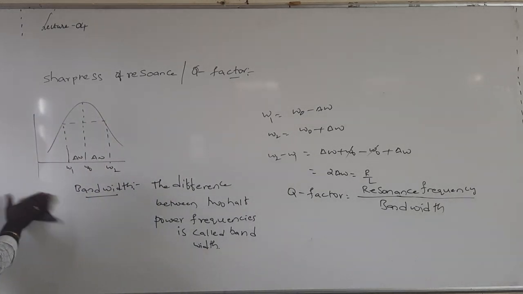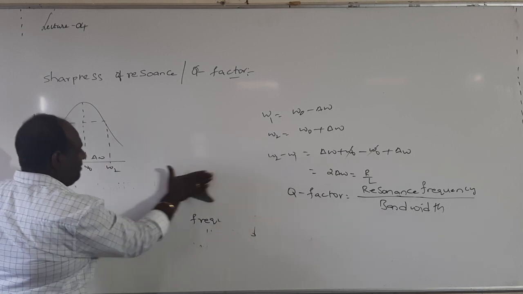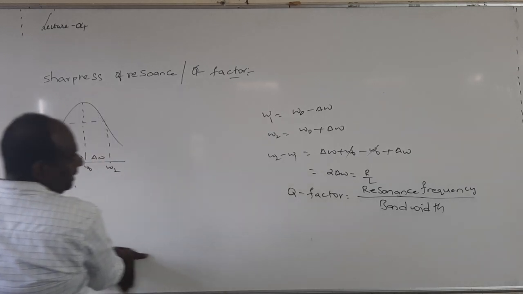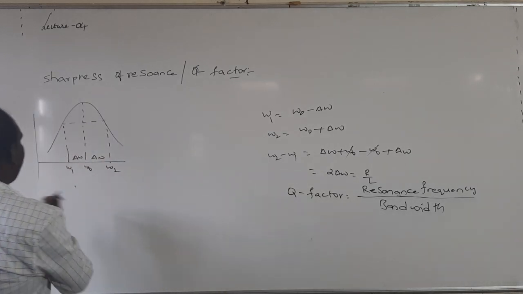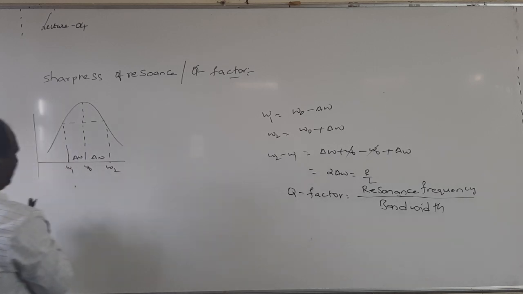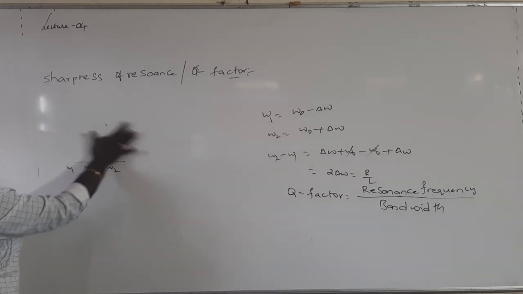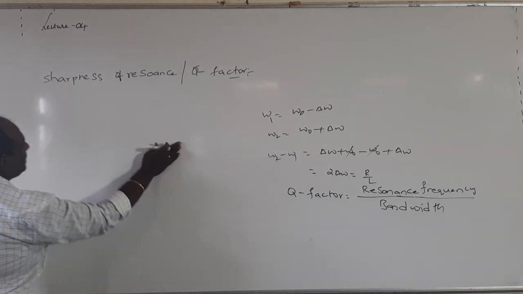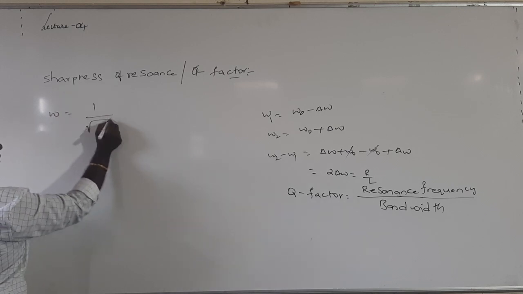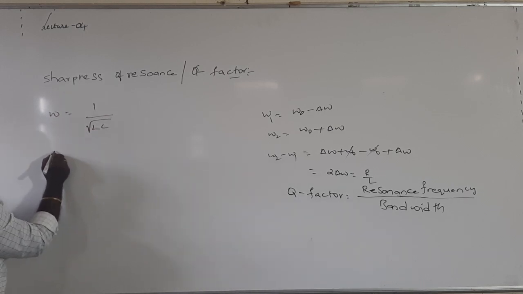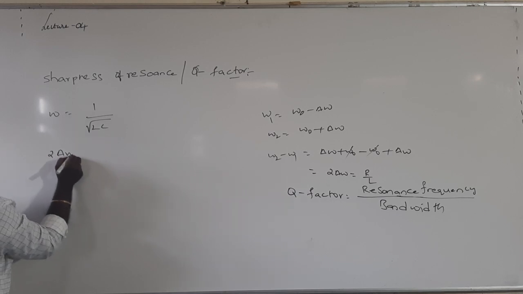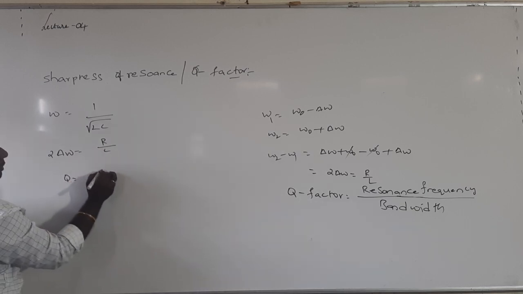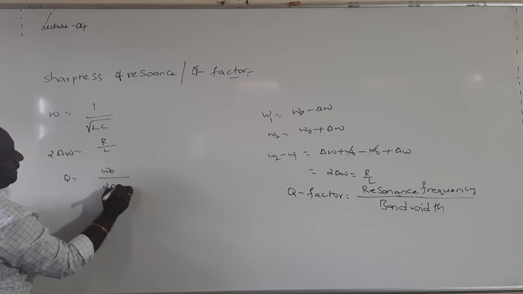Now if I substitute these values, we are getting bandwidth equal to R by L. Resonance frequency, how much are we getting, sir? Now I am erasing this diagram also. Substituting into the quality factor formula, resonance frequency omega naught equal to 1 by root LC, and bandwidth equal to 2 delta omega equal to R by L. So can I write Q is equal to omega naught by 2 delta omega?